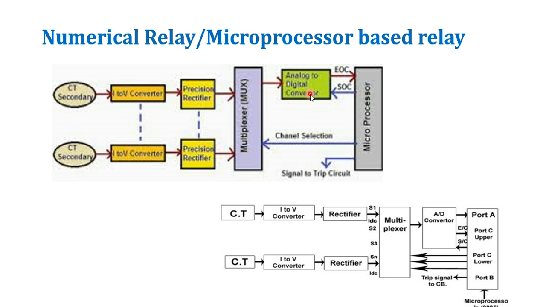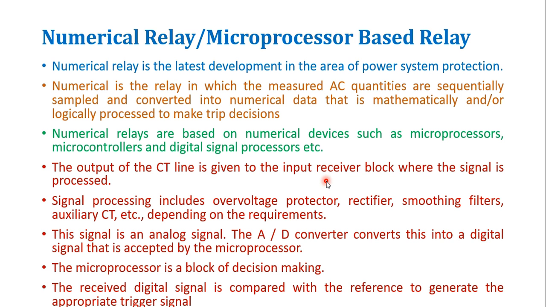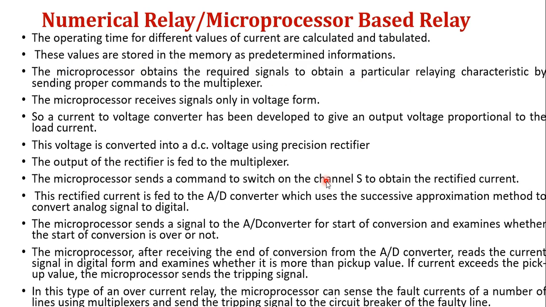Then there is an analog to digital converter which makes the digital signals, and it is given to the microprocessor, which makes the decision and sends the tripping signal to the circuit breaker. This is the operation of microprocessor based relays.